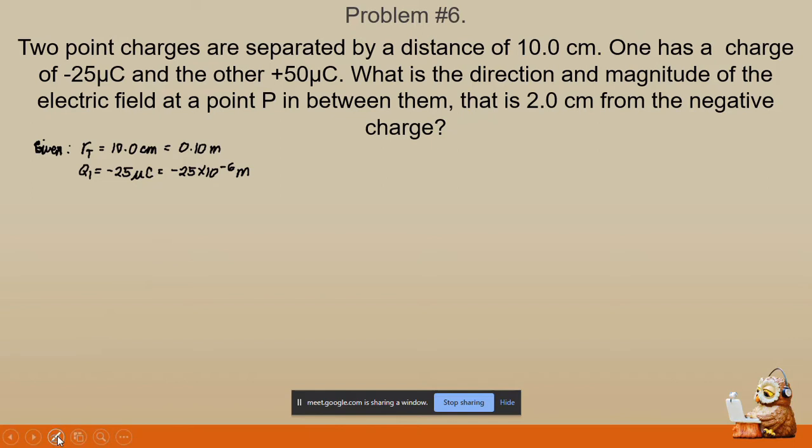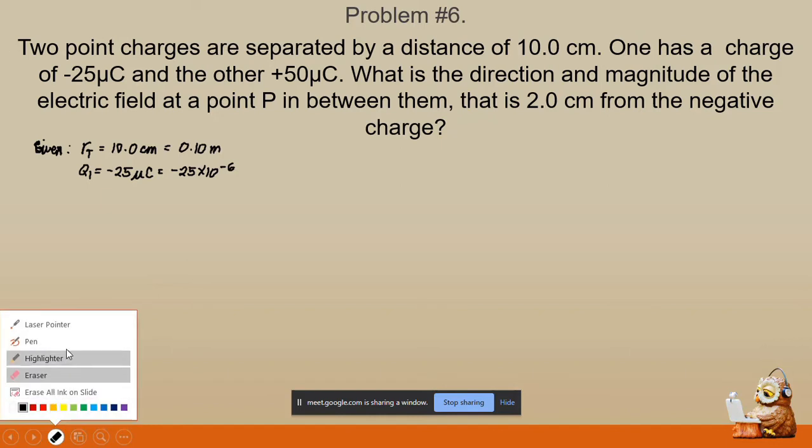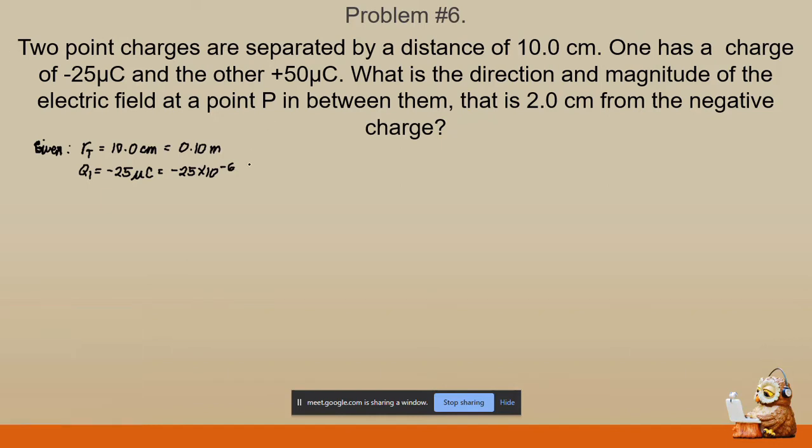Let me first erase it and change that to coulombs. Another charge given, let me denote that as Q sub 2, and that is positive 50 microcoulombs, which is equal to 50 times 10 raised to negative 6 coulombs.